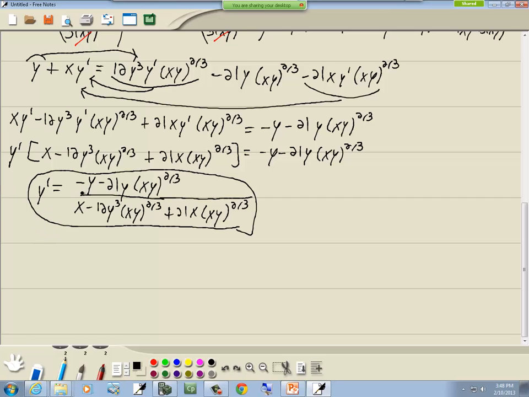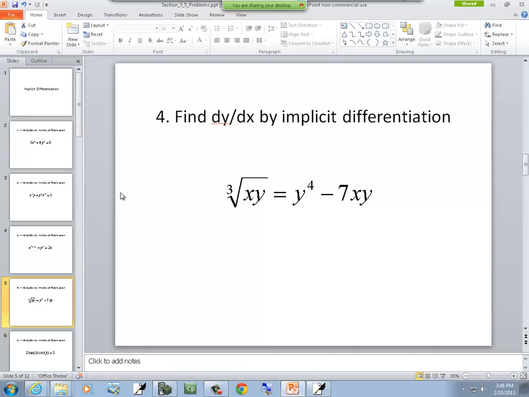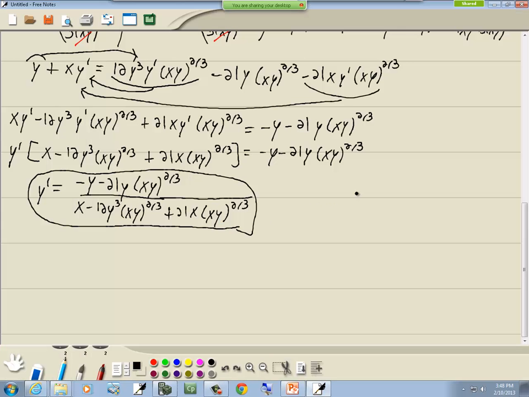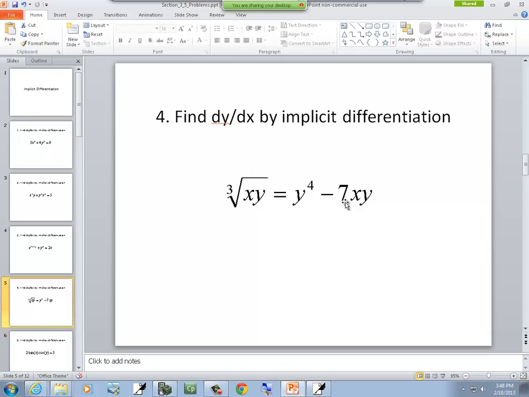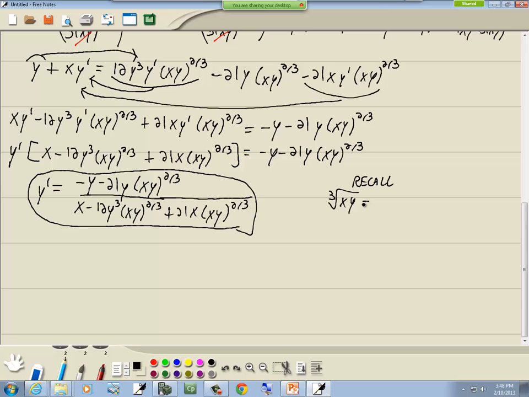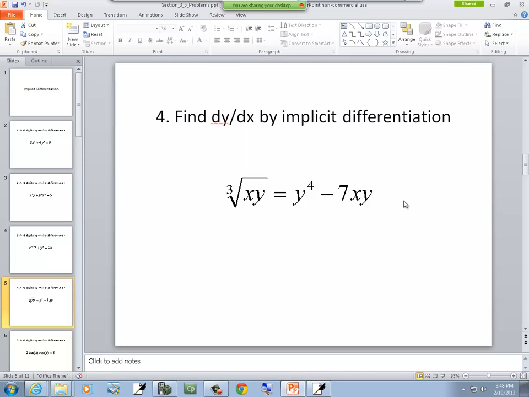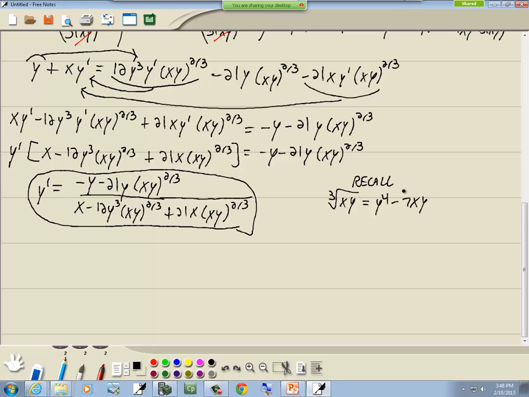Now, sometimes books will take this further. Remember what our original problem looked like: the cube root of xy is equal to y to the fourth minus 7xy. Well, you could take this problem further.